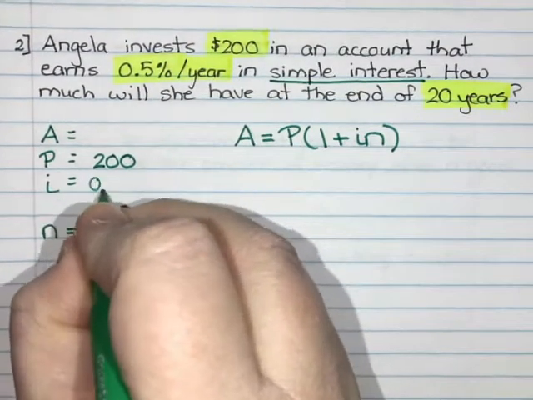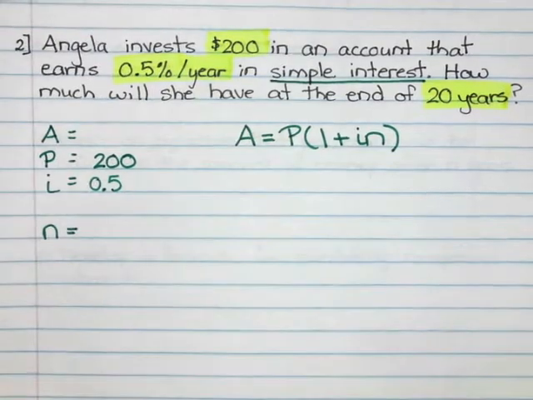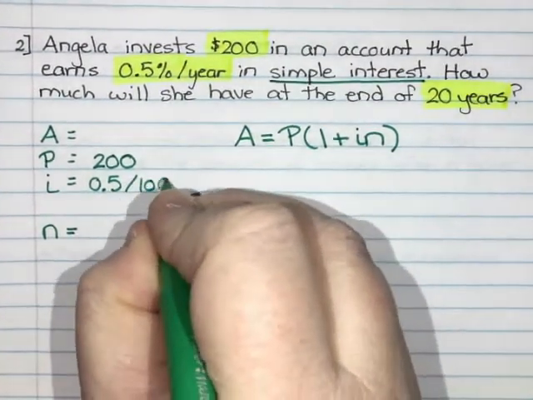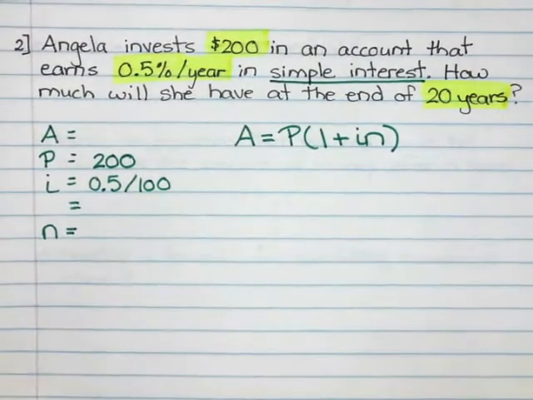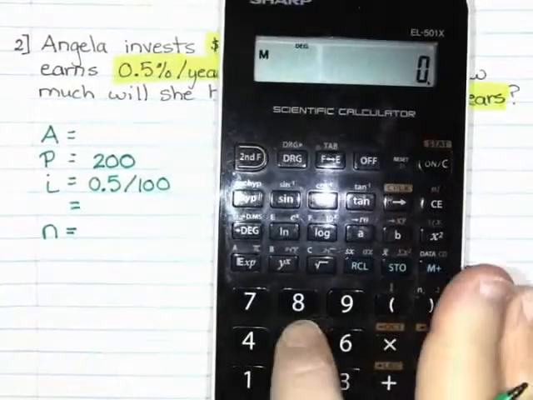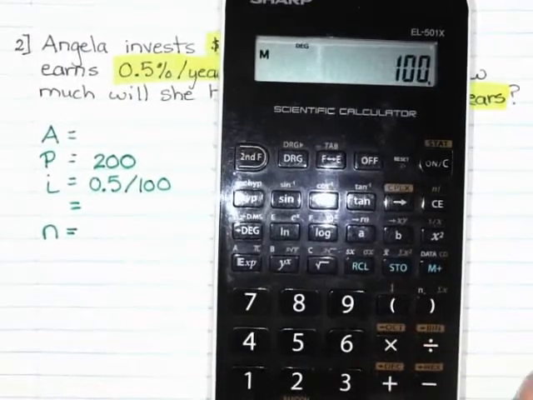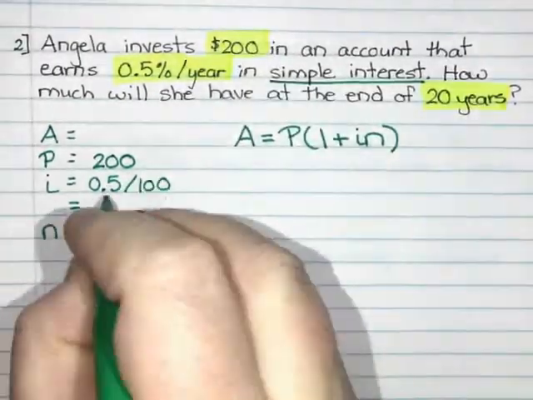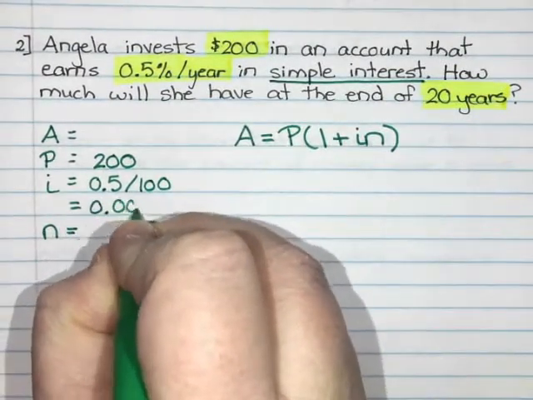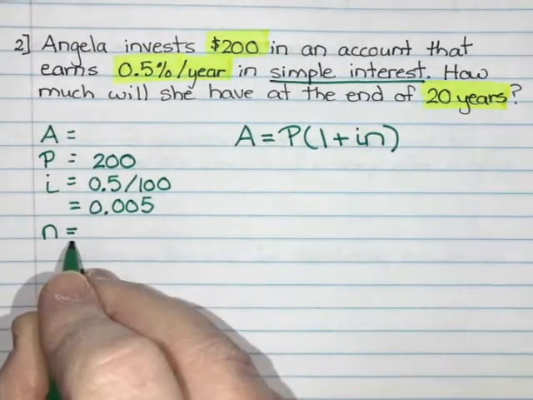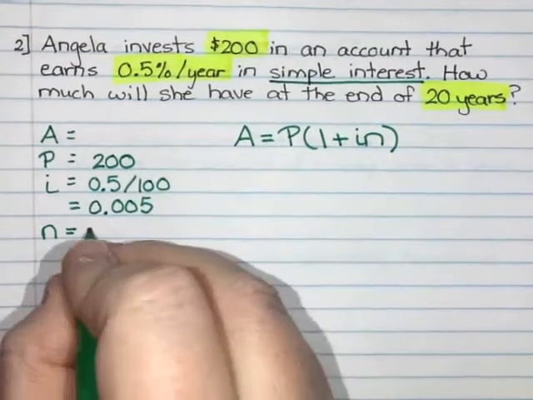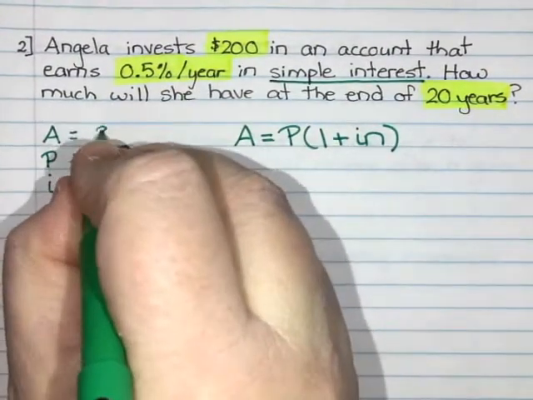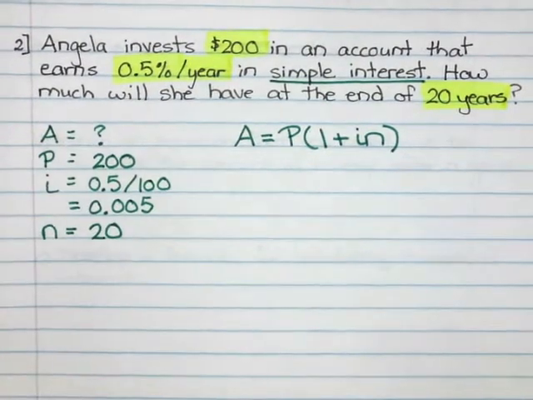It is 0.5, but it's currently a percent, so you have to divide that by 100. 0.5 divided by 100 gives me 0.005. And then N, the number of years, is 20. Which means I don't know the final amount. That is what it's asking me for, so I'm just going to put a little question mark there.